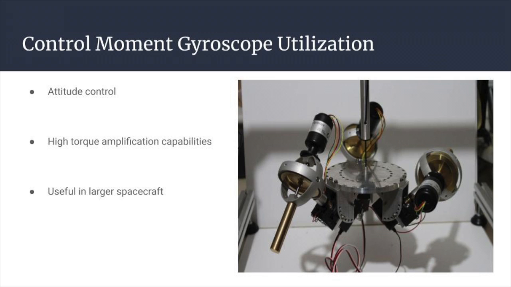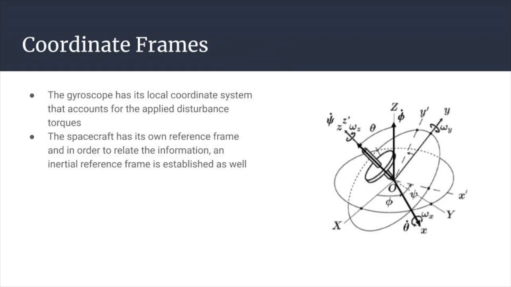The CMG's ability to provide a high amplification in output to input torque makes it useful in larger spacecraft where larger internal torques are necessary to enable a change in attitude. For the coordinate frames involved in the system, the gyroscope has a local coordinate frame that accounts for the torques due to the disturbances on the system, causing the coordinate system to undergo a rotation sequence based on the gyroscope's spin, precession, and nutation.